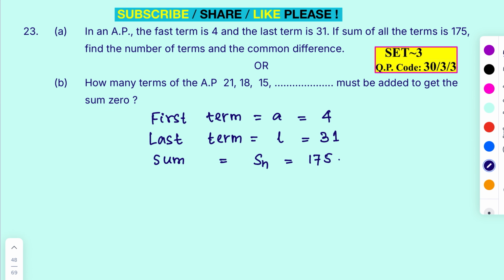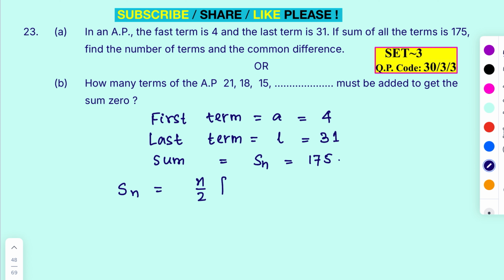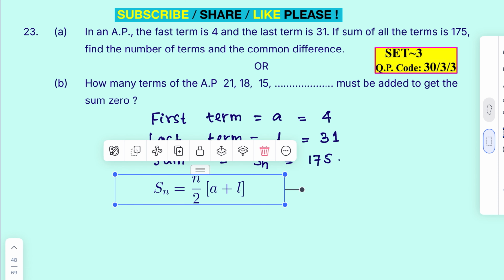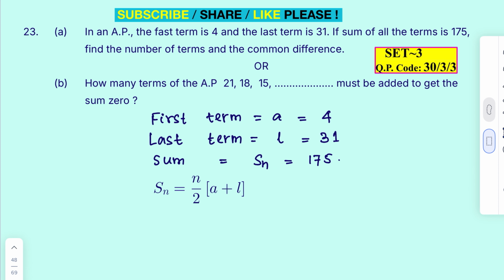First we have to find out the number of terms, and the formula for Sn is n by 2 into first term plus last term, a plus l. This formula you have to remember.